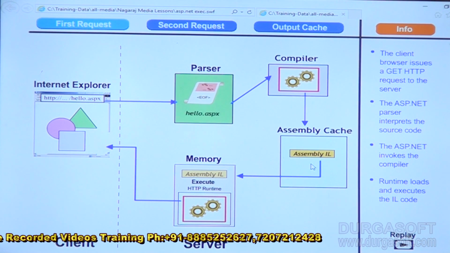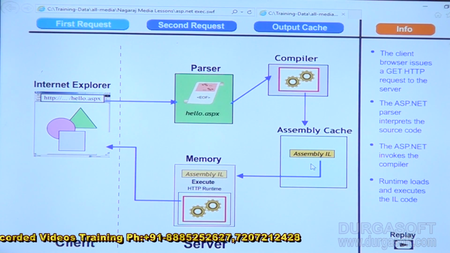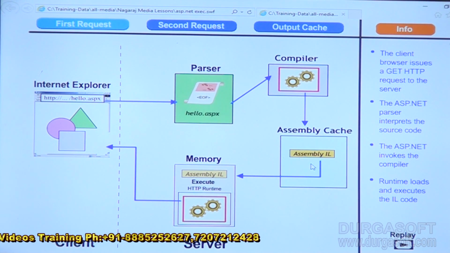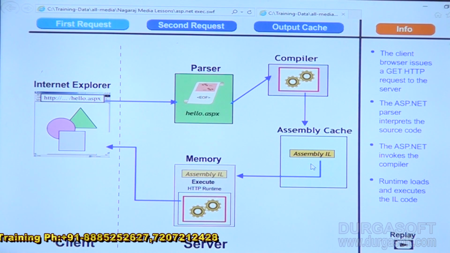So ASP.NET is telling, hey, I will give you fast results by avoiding compiling. I will put all the data in the assembly cache. Are you understanding? You have nothing to do with this caching, because you cannot tell ASP.NET don't do this, do that, or manage this. It will do it on its own. And for the second request, what it does, see?